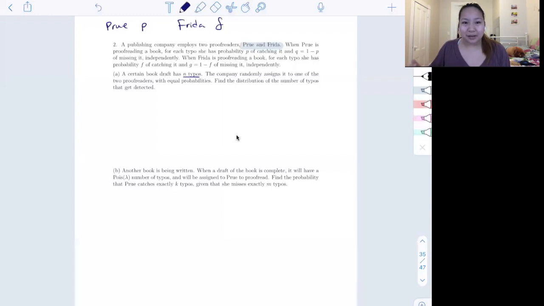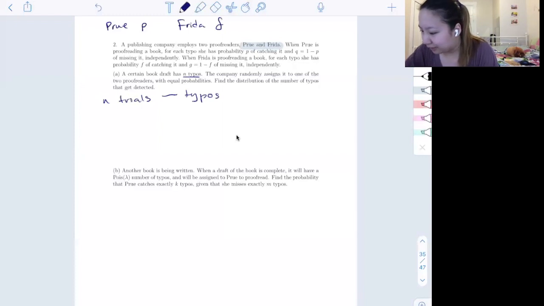So in particular, if we are assigning the book to Prue, then it's going to be binomial n comma p because we have n trials and the n trials are the different typos. And they're independent because it says so in the problem.